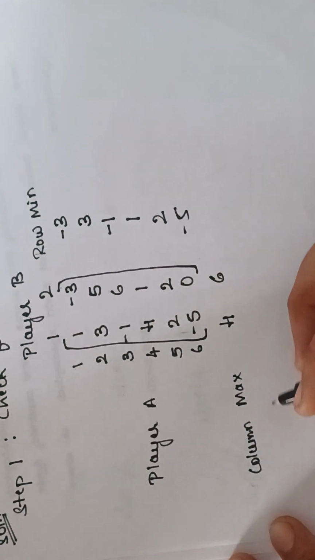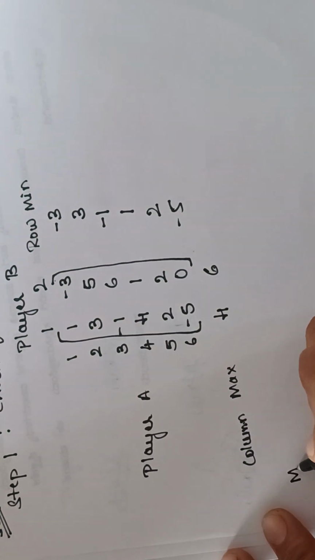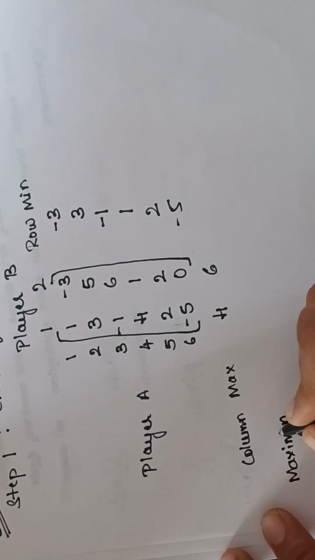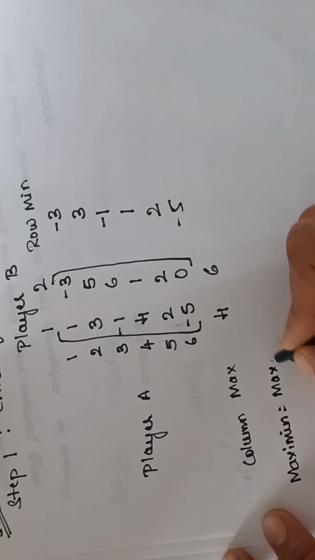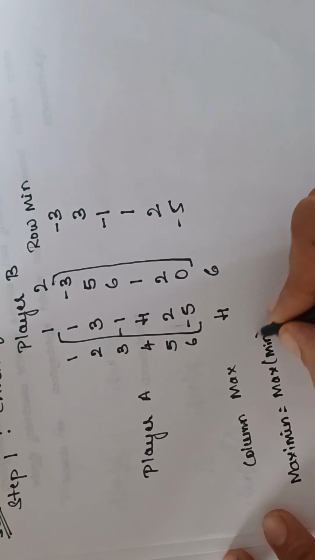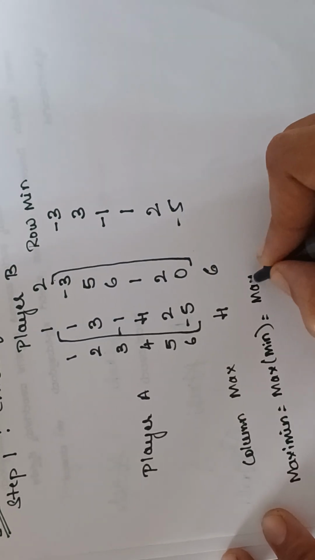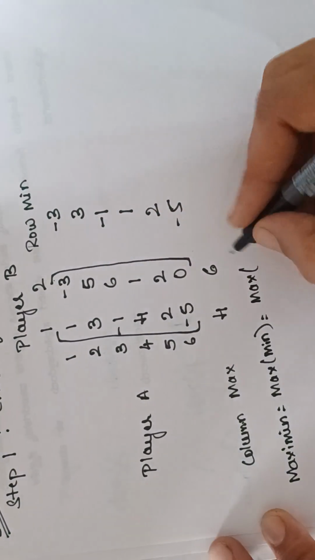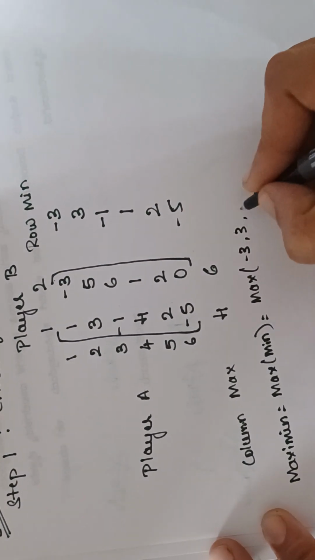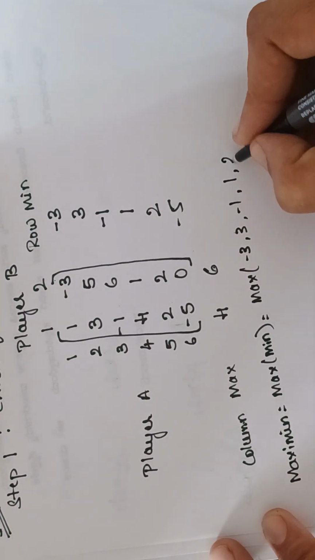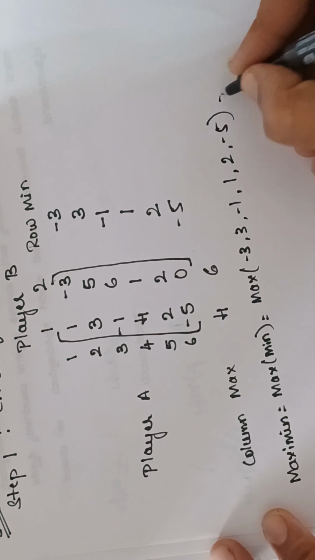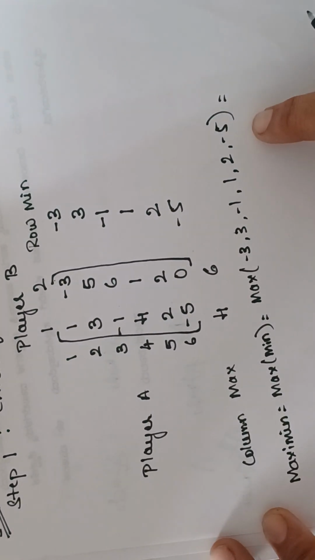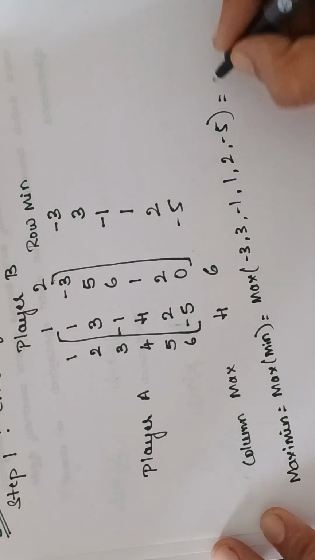Let us see whether we can reach the saddle point. So first we will take maximin, that is maximum value of minimum values. So what are the minimum values? Row minimums: minus 3, 3, minus 1, 1, 2 and minus 5. Now we have to take the maximum value. The maximum here is 3.